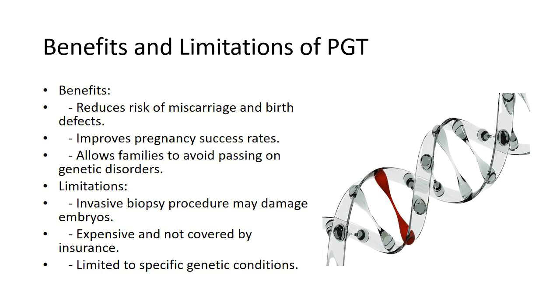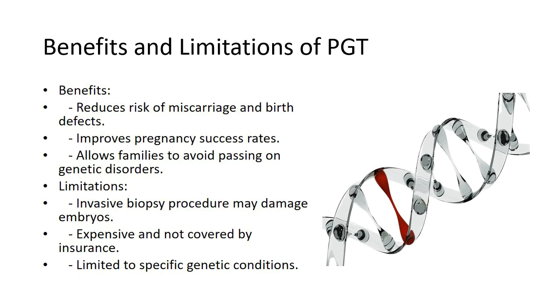D. Benefits and limitations of PGT-SR. Benefits: improved pregnancy outcomes. By selecting embryos free from unbalanced structural rearrangements, the risk of miscarriage or birth defects is reduced. Fertility preservation. PGT-SR helps preserve fertility for couples with chromosomal issues, enabling them to have healthy offspring.